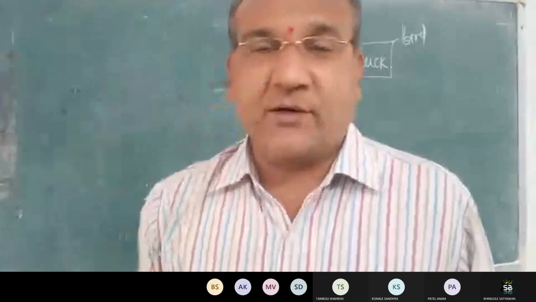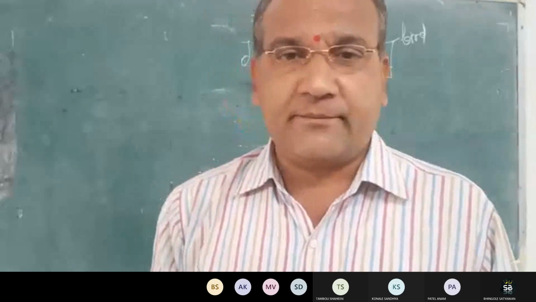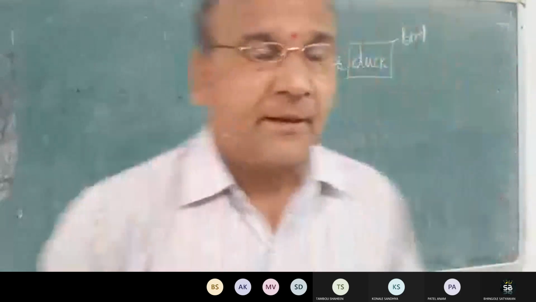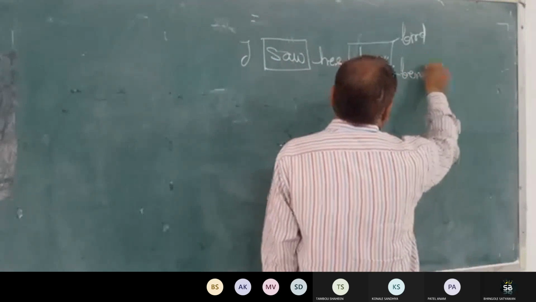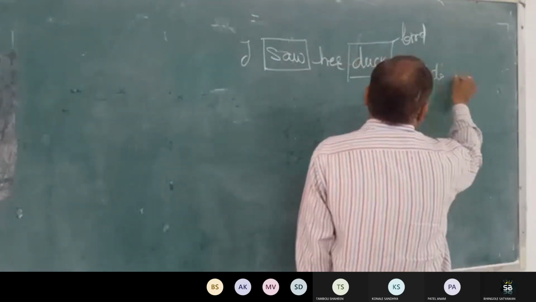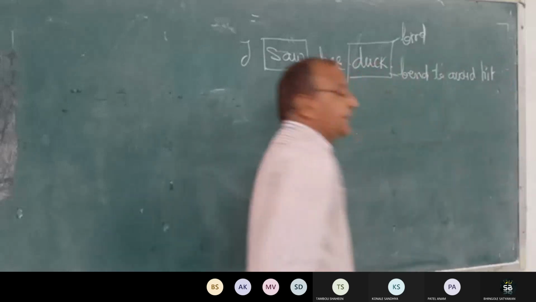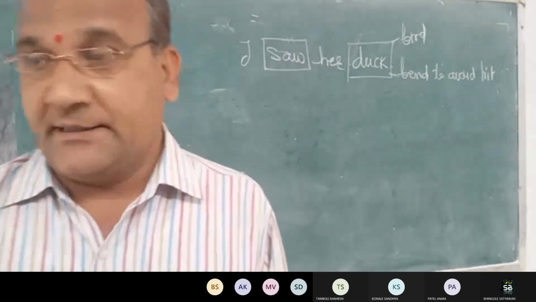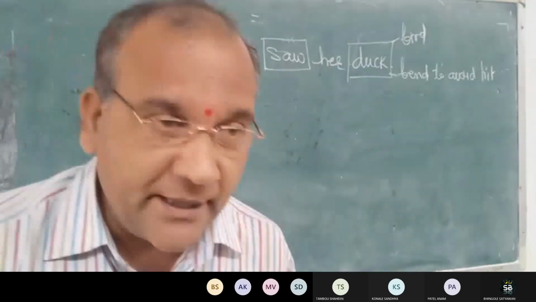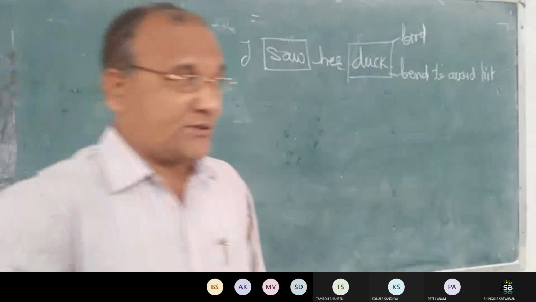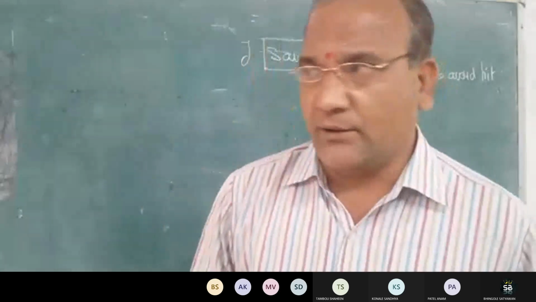So lowering one's position or height is also called duck. Clear? Duck is to bend to avoid a hit. More specifically, this is a word from the cricket world.